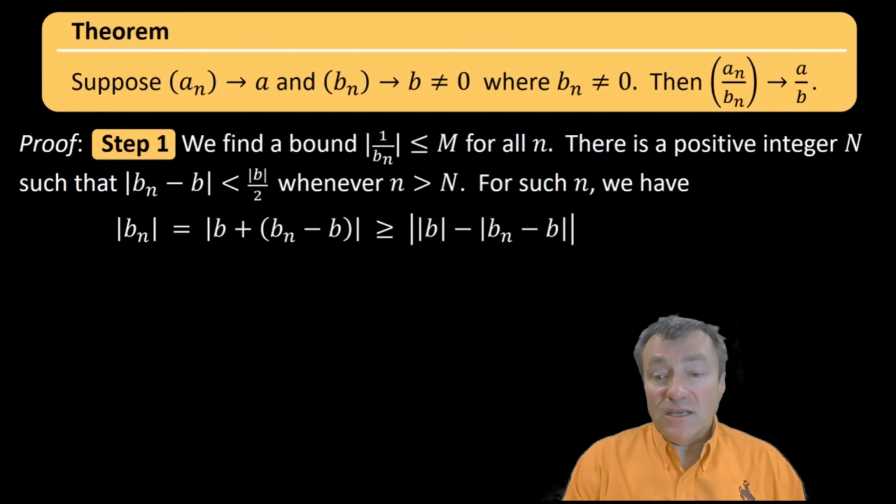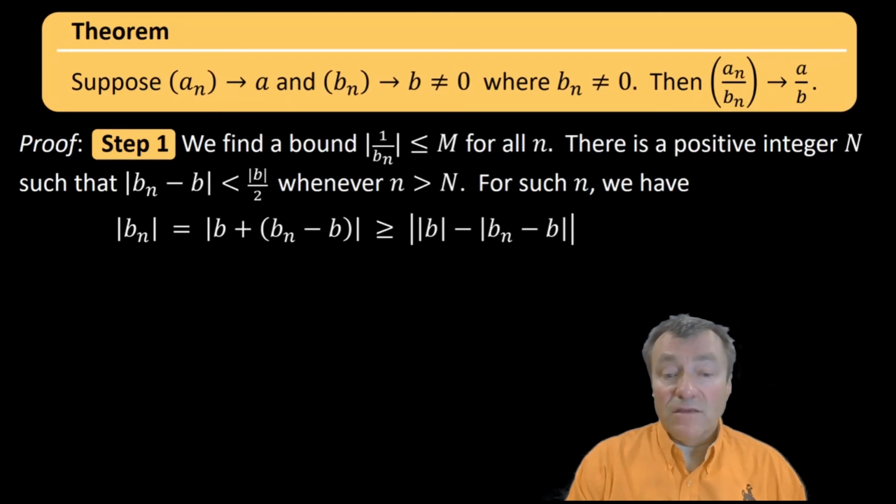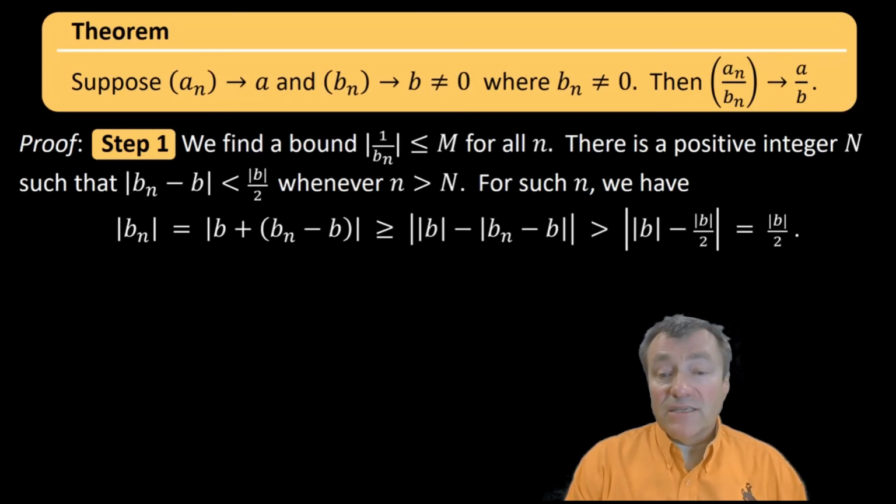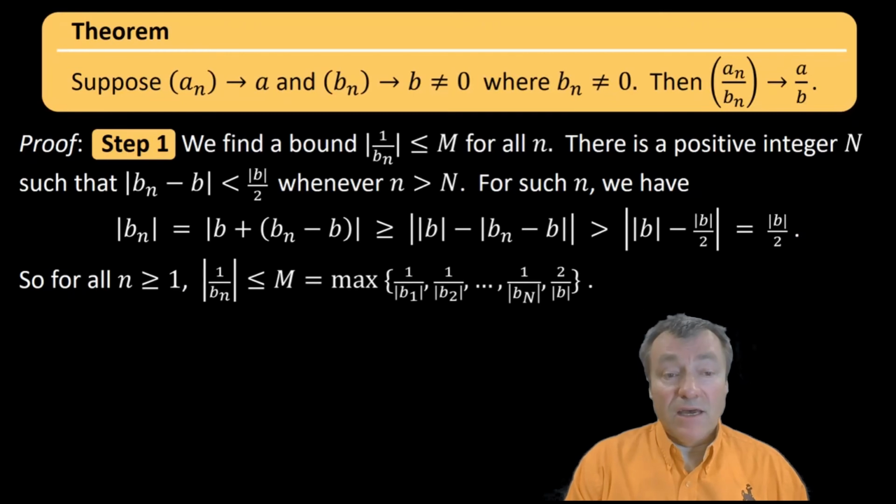For all such little n, we have this lower bound for the absolute value of b_n, found by the second formulation of the triangle inequality. And the right-hand side is at least absolute value of b over 2. So that gives me a lower bound for b_n, which is an upper bound that I want for 1 over b_n. That only applies for little n bigger than or equal to capital N.